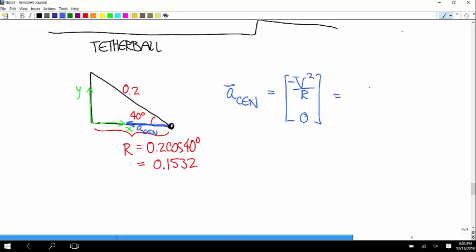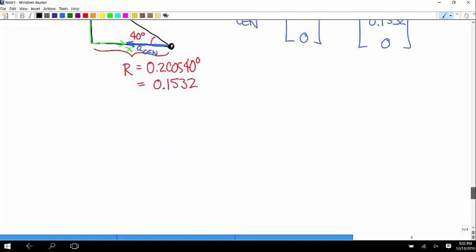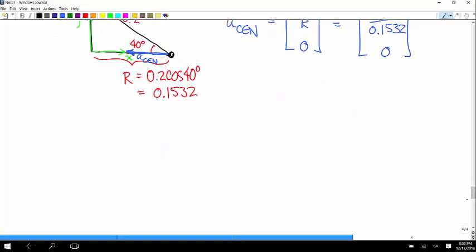So we can write that as negative v squared over 0.1532, and then 0 for y. Tetherball problems are always uniform circular motion, so there's no tangential acceleration. So the total acceleration is negative v squared over 0.1532, 0.